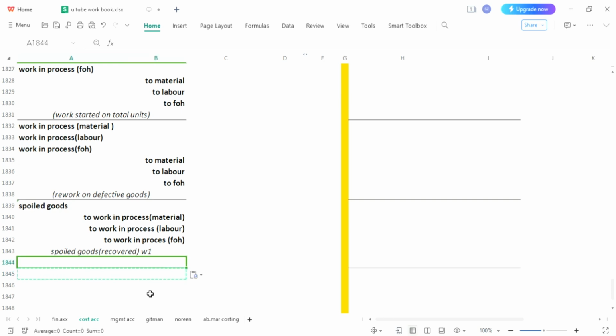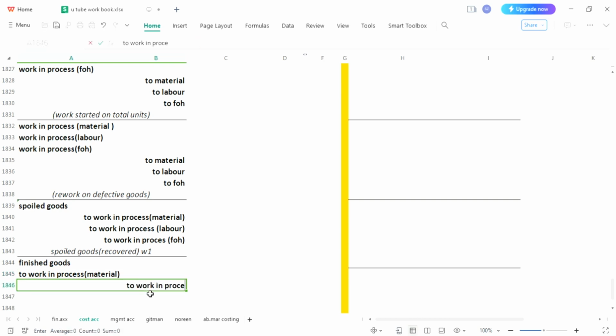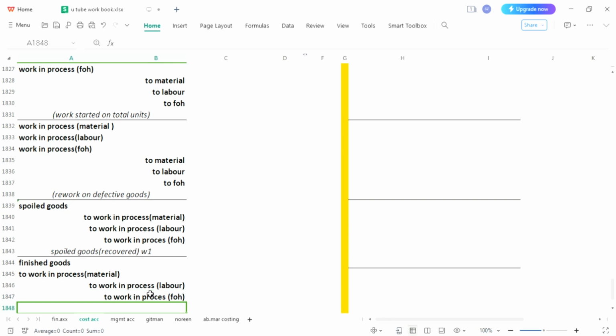And what do we write? Finished goods to work in process for material, to work in process for labor, and to work in process for FH.